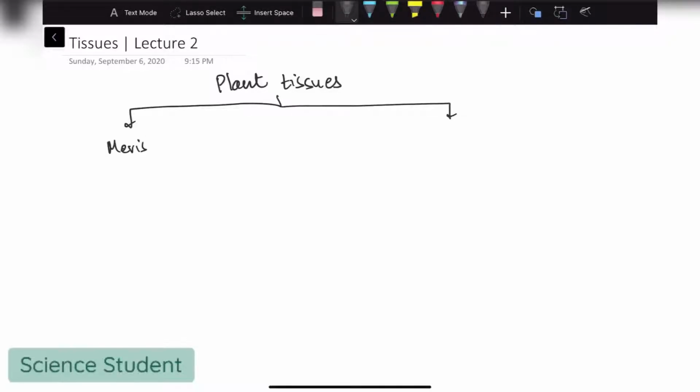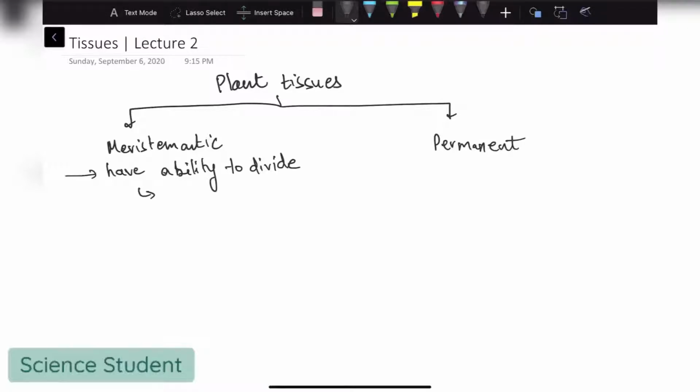meristematic and permanent. Meristematic tissues have the ability to divide.